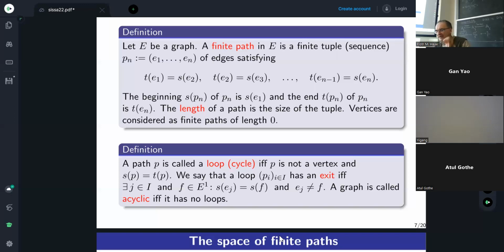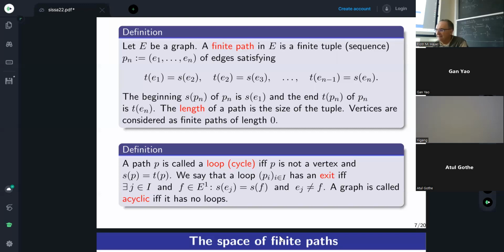The loop is a positive length path which has the same end as the beginning. Period. That's it. A path of length 1 is a path. So loops are paths whose end is their beginning. I don't understand your problem.